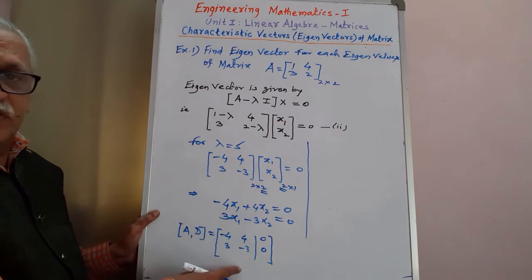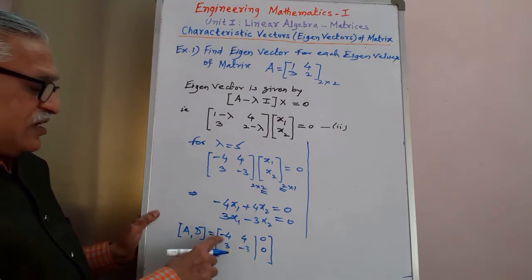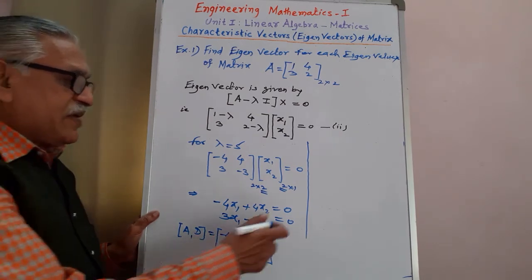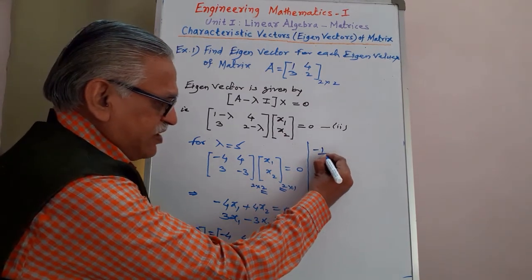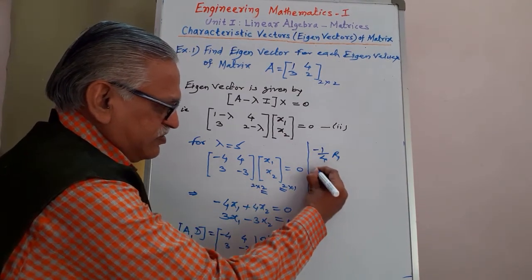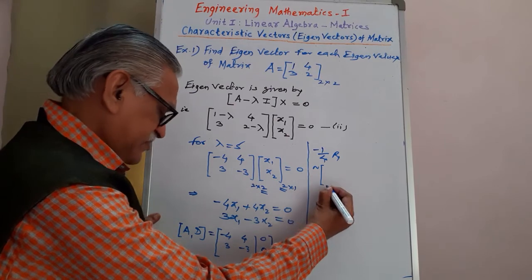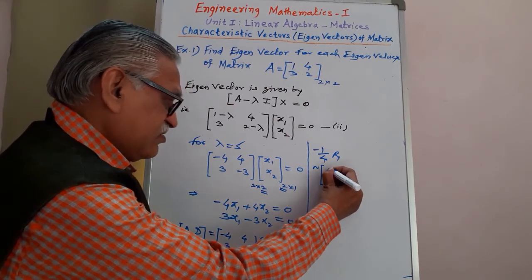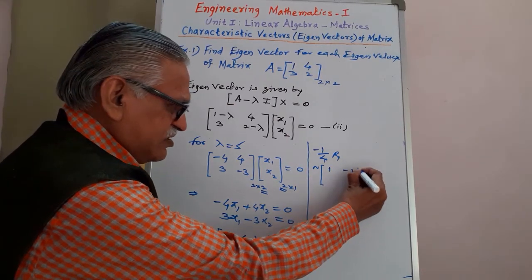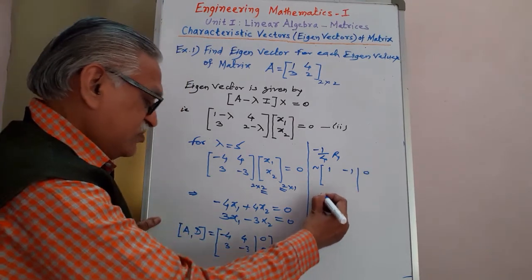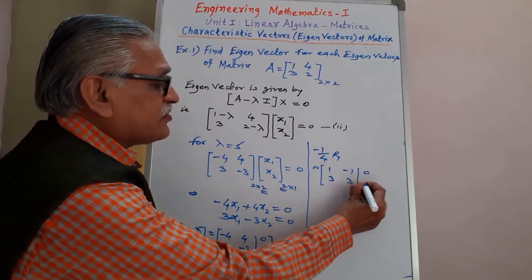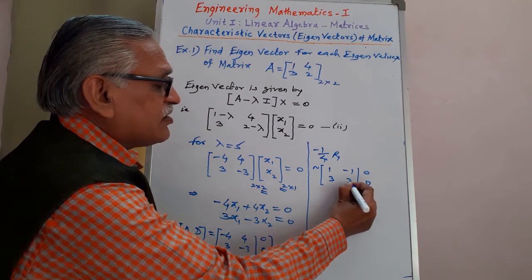Then converting this to its canonical form, I will multiply the first row by minus 1 by 4 times R1. We get, here it is 1, minus 1, 0, 3, minus 3, and 0.